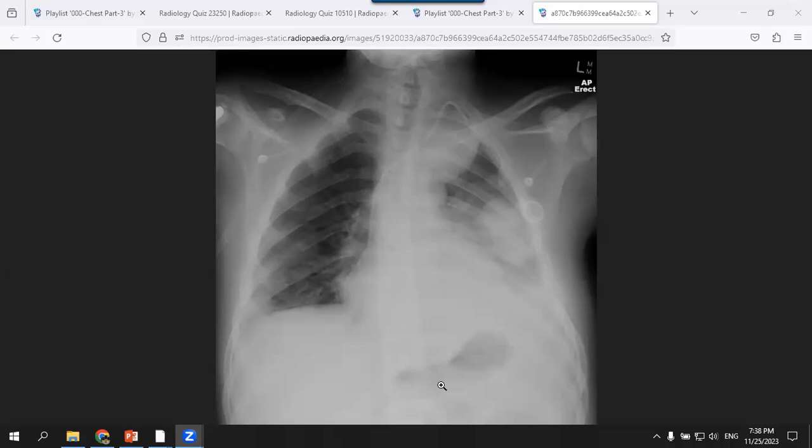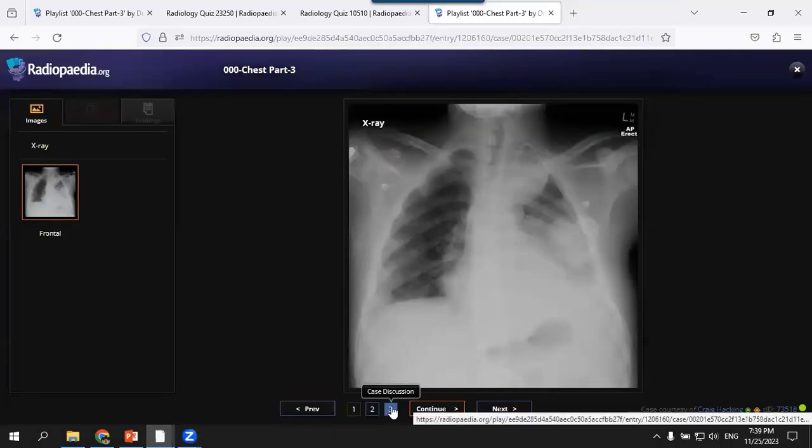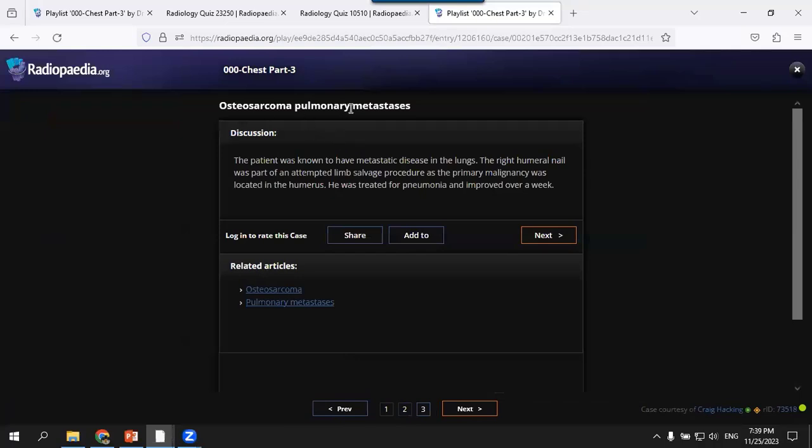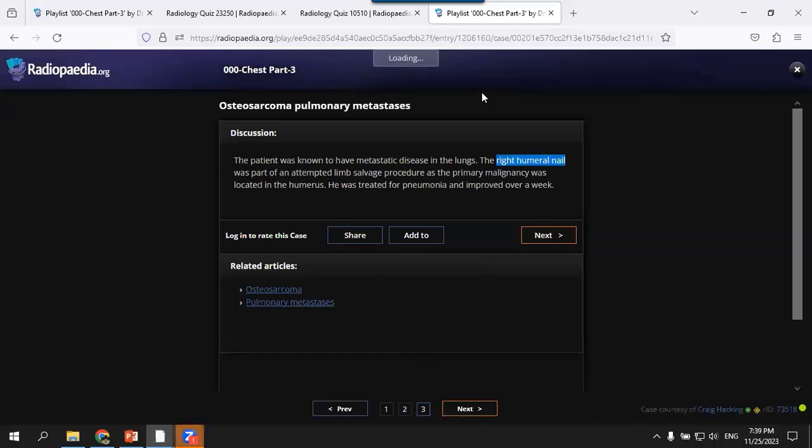And osteosarcoma. Okay, you see this film edge. What is this? Intramedullary nail. Intramedullary nail, yes. That was the primary cancer. It was a case of osteosarcoma sending this large type of metastasis, with the right humeral intramedullary nail being the clue for the primary.